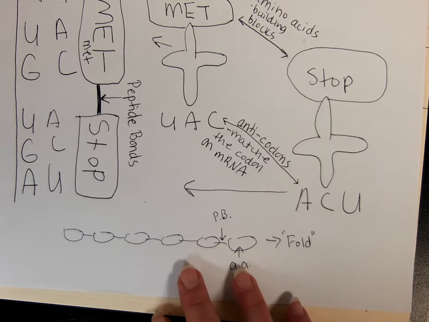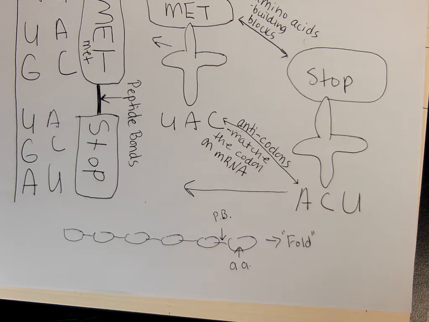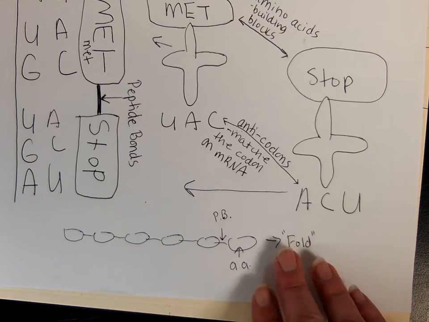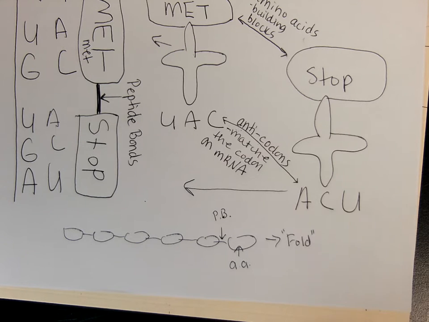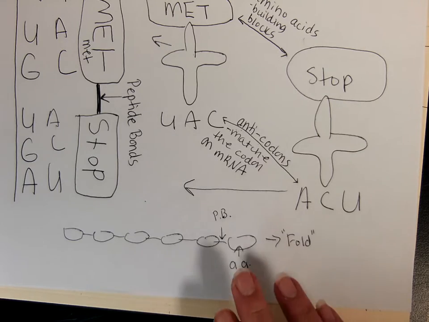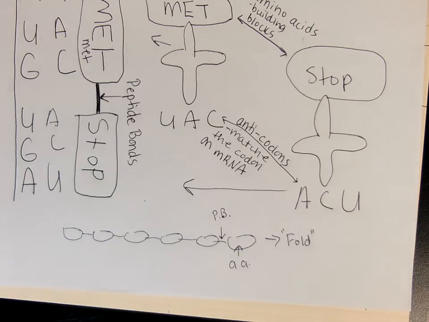And their structure is sensitive to temperature, it's sensitive to pH, and if the structure becomes damaged, it's called denaturing, then the protein will not function correctly. There are different folded structures of proteins, primary, secondary, tertiary. And again, the structure determines the function. But at this point, you're done.